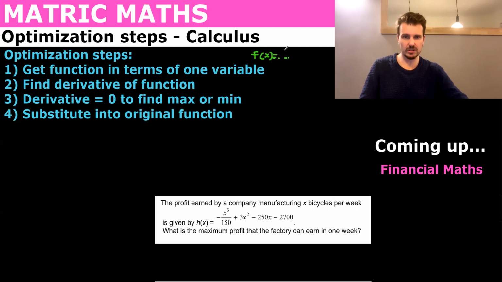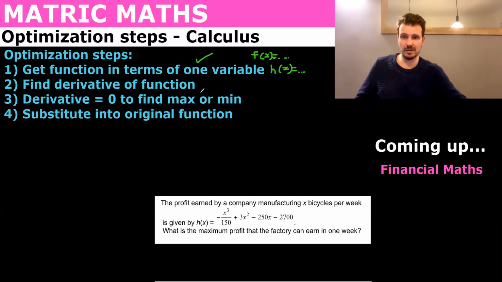And as long as it's in terms of just x, it's already in terms of one variable. Here, we've got h of x. So it's labeled a bit differently, but of course, it's still just a function in terms of x, and we do only have one variable x. So step 1 is already done in this question. I'll do another question where you'll have to get it in terms of one variable, but for now, step 1 is already done.